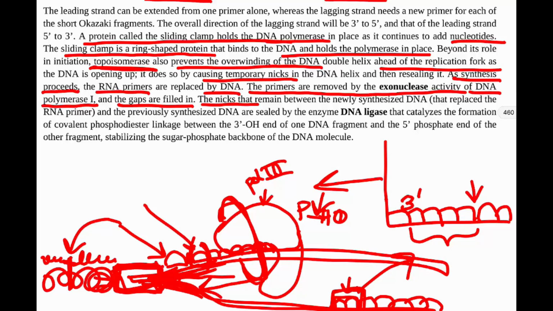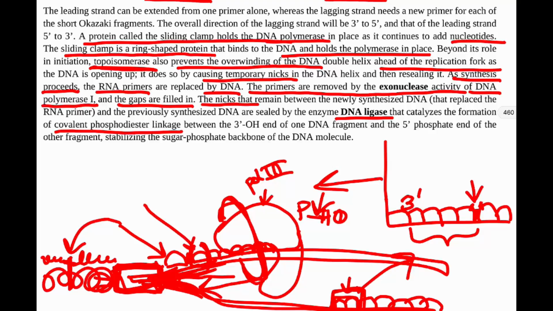So we have an enzyme that goes in and does that for us, and that's the DNA ligase. Our DNA ligase goes in and makes the bond between this section that's been filled in and the next section that already exists. It makes that same type of bond, a covalent phosphodiester link, between this 3' end here and the 5' end on this end.